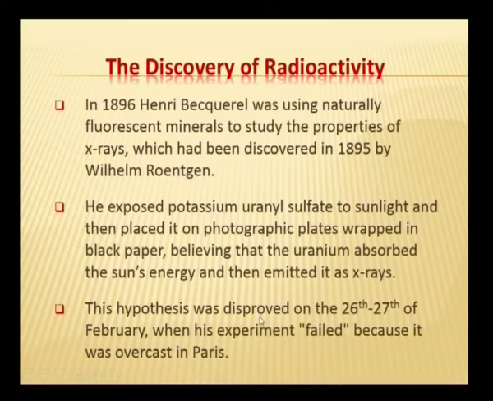The hypothesis was disproved on 26th and 27th of February, when his experiment failed because it was overcast in Paris. There is no sun. Only when there is sun should you be getting X-rays. This is what is told in the paragraph.